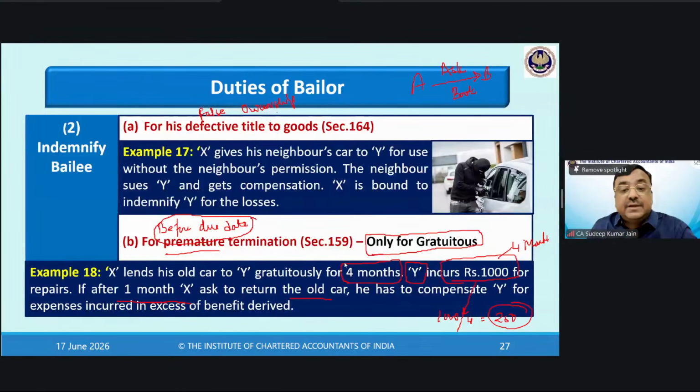He has incurred 1,000 rupees for 4 months and has taken the benefit for 1 month. So about 250 rupees has been consumed. So he can claim the expenses for 3 months benefit, because 3 months are pending. So he can claim rupees 750.